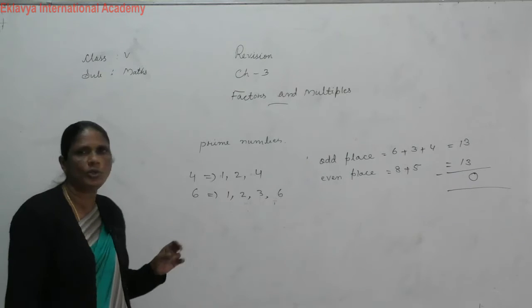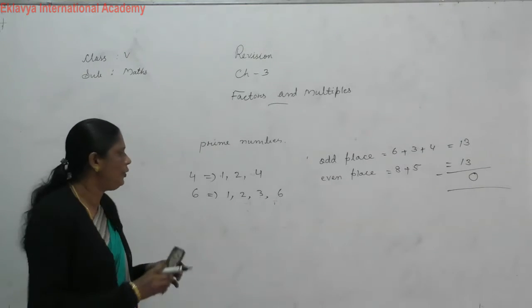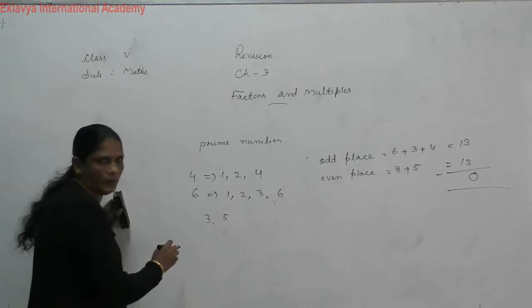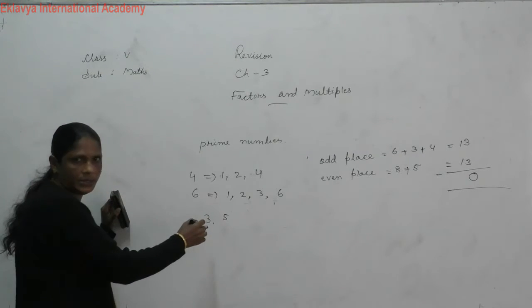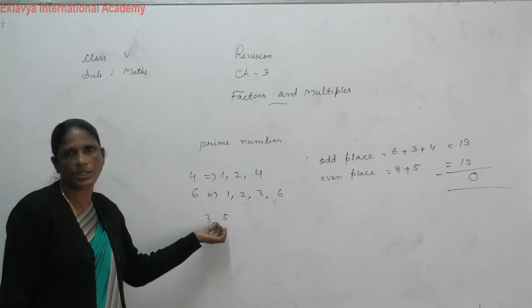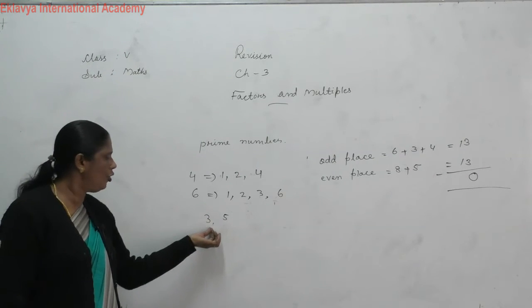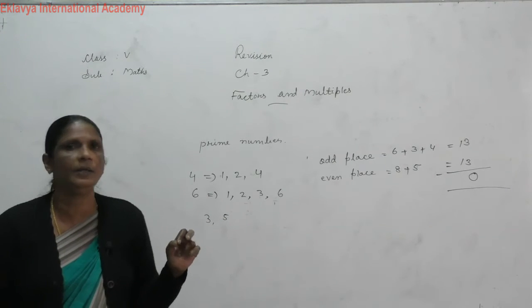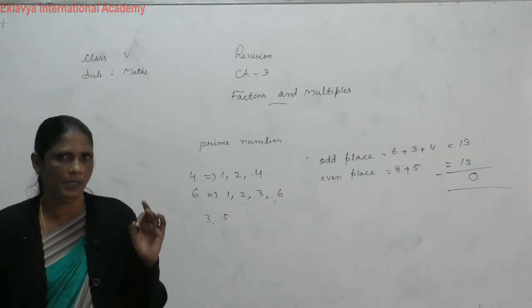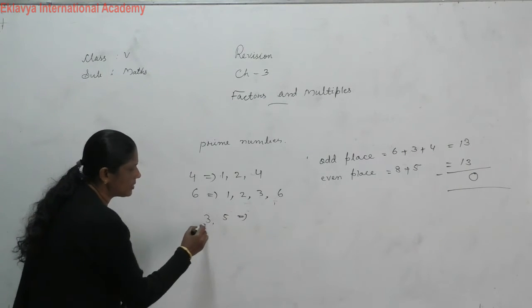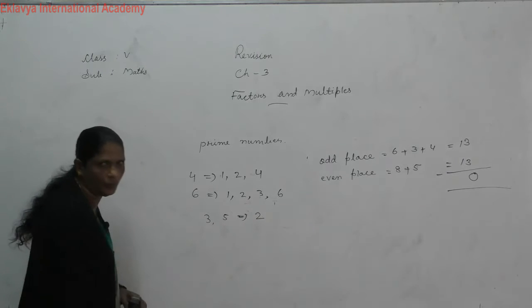Then twin primes. Two prime numbers, that is 3 and 5. These are the 2 prime numbers. Then 2 is the difference between the 2 prime numbers. That number is called twin prime numbers. 5 minus 3 is equal to 2.